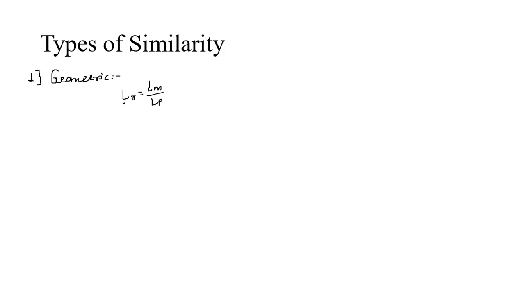So if this ratio is the same, adapted the same for the preparation of the model from the prototype, then we say that there exists a linear geometric similarity for the length.